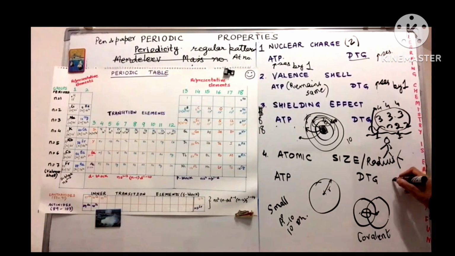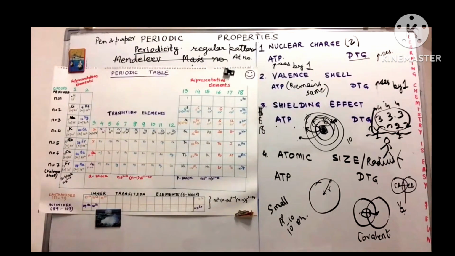Very simple example, chlorine, Cl2, chlorine atoms covalently bonded to each other. Half of the internuclear distance between two covalently bonded atoms is what gives us the covalent radii, right?